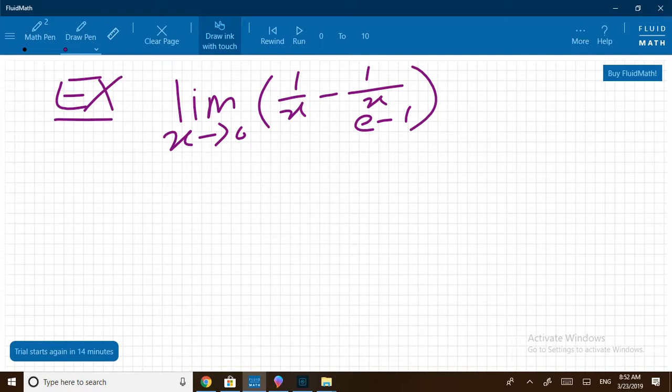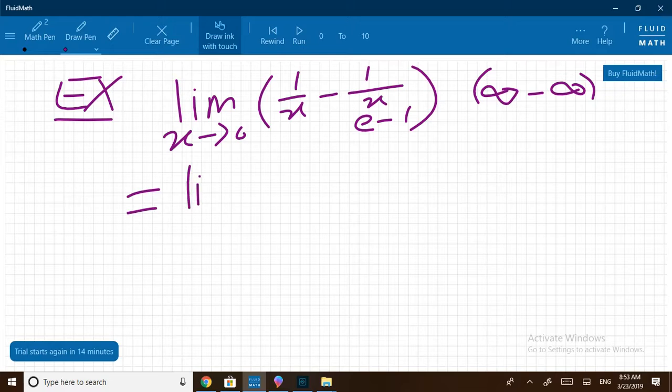Since it is 1 over 0, which means infinity, and minus 1 over 0 is also infinity, it is an infinity minus infinity form. So this means that we will apply the L'Hopital rule. Before applying the L'Hopital rule, we will first simplify it.